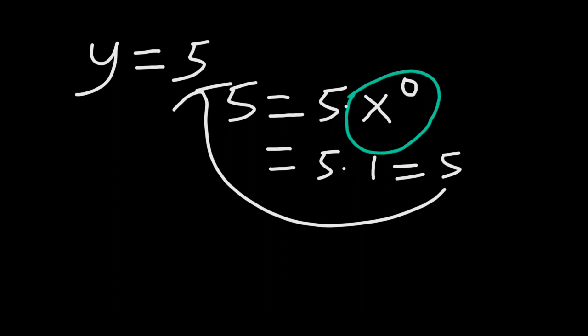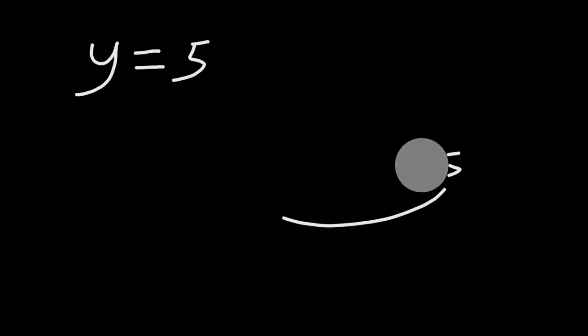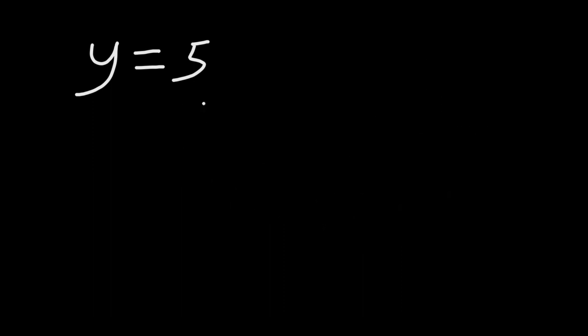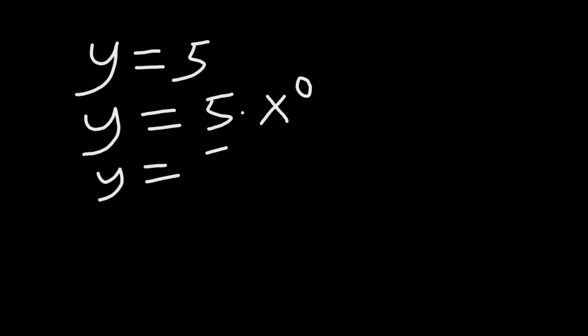So we are saying that 5 can be written as 5 times s to the 0 power. Okay, so with that knowledge, we can rewrite this function as y is equal to 5 times s exponent 0, which is the same as y is equal to 5s exponent 0.